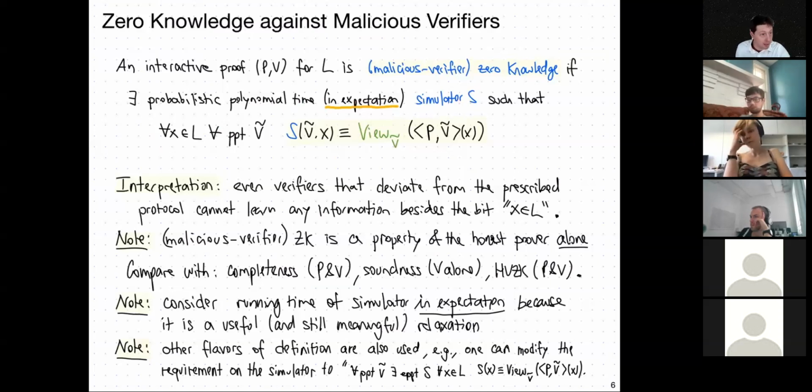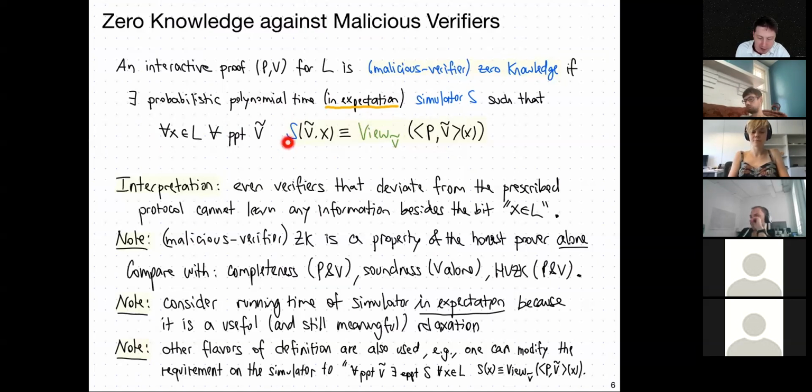Yeah, the simulator running in expected polynomial time means that there is some chance that it might run in exponential time. So if that was true for every single input to a particular verifier, would that not make that verifier bad? It might gain some knowledge. No, we are fixed. This is over the simulator.